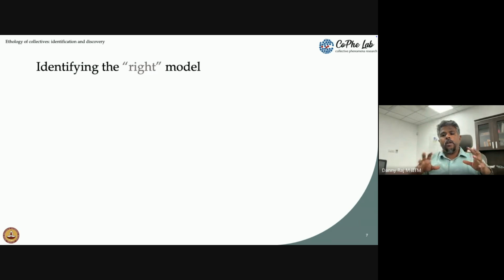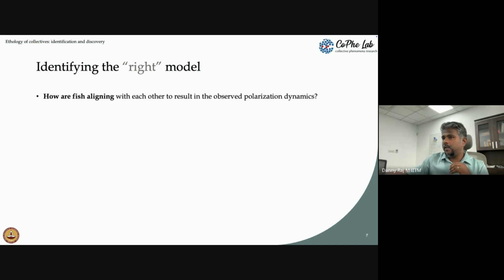So really what we want to do is we want to identify a model, and we really hope that that model is right. I put right under quotes because, how do you even find out what right is without first principles basis? But nevertheless, you want to be as sure as possible that that model is representative of some aspects of reality. So how do you go about doing this? So let's take the polarization dynamics, for example.